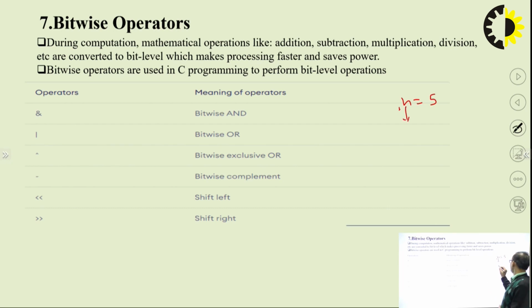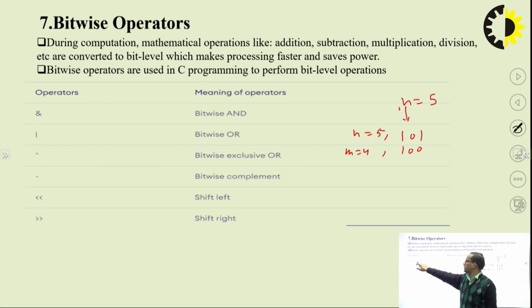In binary form, 5 can be written as 101. And we have a second number m is equal to 4. In binary form, it can be written as 100. Okay, so bitwise operators are basically performed on the binary representation of the number.